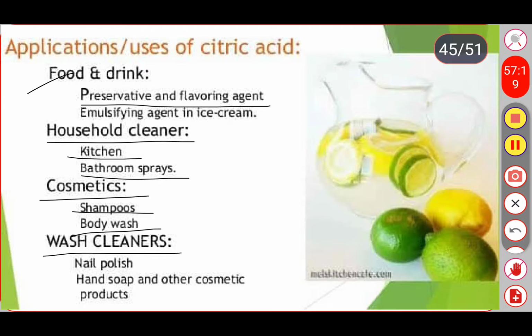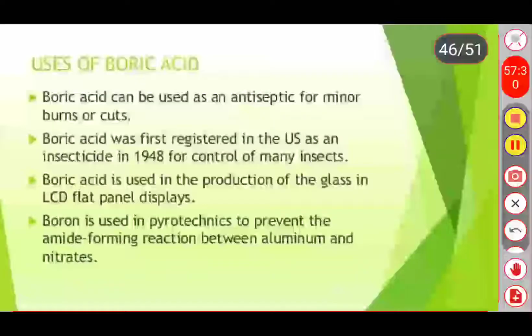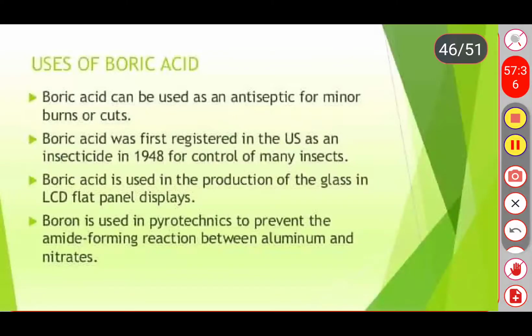The next acid is boric acid. Boric acid can be used as an antiseptic for minor burns or cuts. Boric acid was first registered in the USA as an insecticide in 1948 for control of many insects.